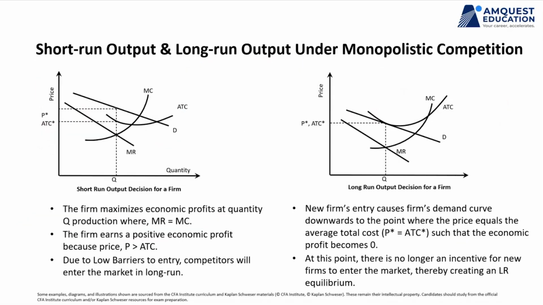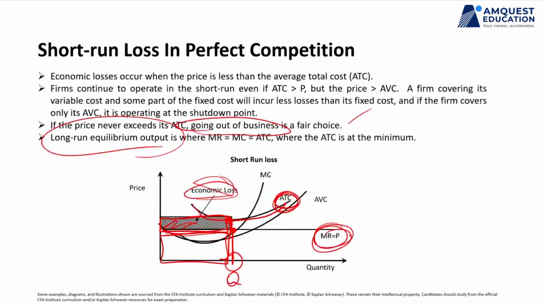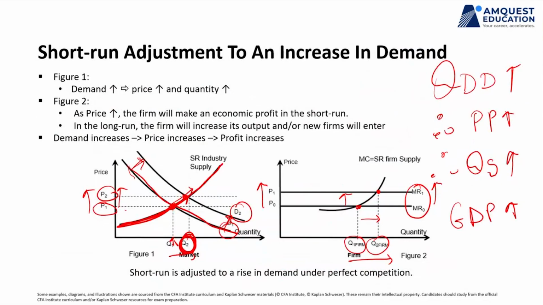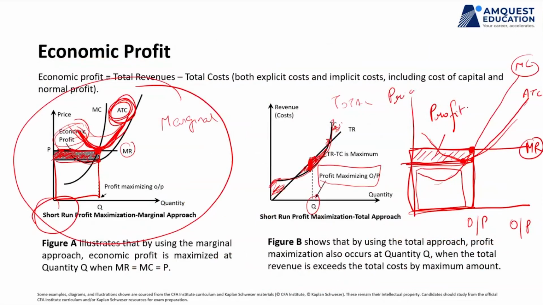So what does the cost curve in this market look like? Like I taught you earlier, the price, the cost curve, demand, and equilibrium in this market, this is important. This diagram was for perfect competition, correct? Where I had MR and price the same.